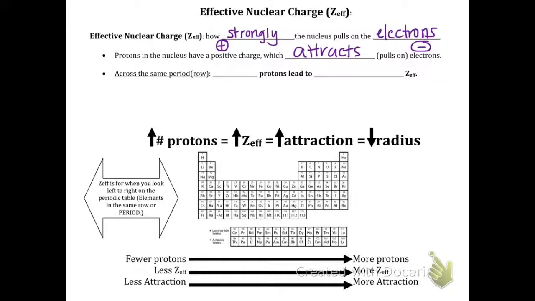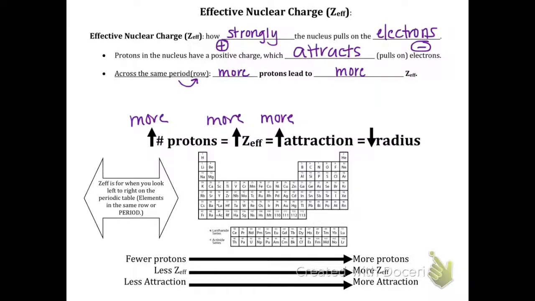So when we're going across the same period, remember period means row, the more protons you have, the more Zeff you have. So what does that mean? That means the more protons you have, the stronger that hug is, that pull, the stronger the love is. More love leads to more attraction.